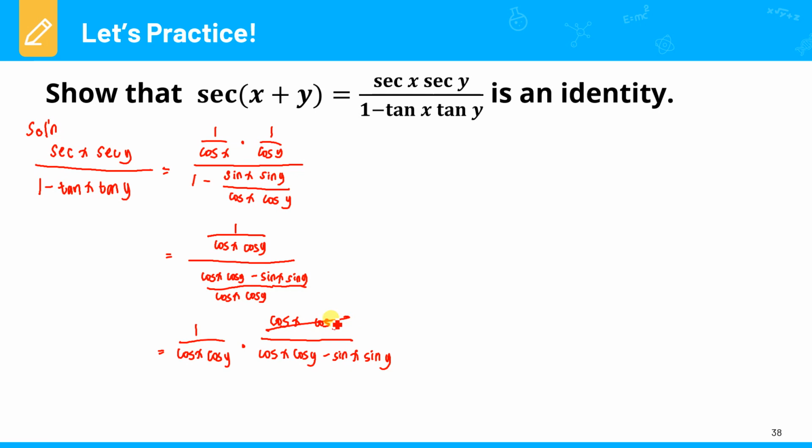So we can divide out the common factor. What we have here is 1 over cosine x cosine y minus sine x sine y.